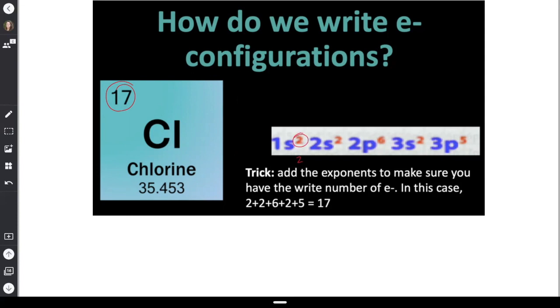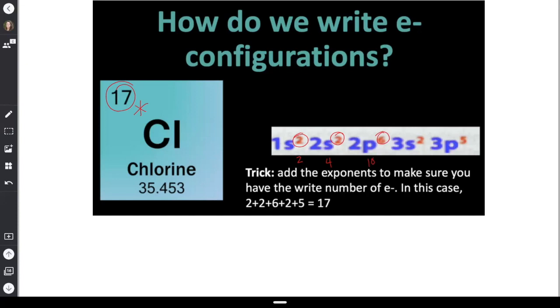That one's full, so I move on to 2s2. And now I've placed a total of 4. 2 plus 2 is 4. Move on to the next orbital, because I still have more electrons to place. I need to get to 17. That's my goal. So then 2p6, I've placed 10.